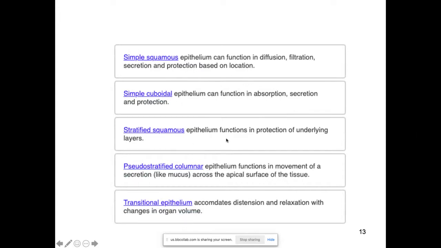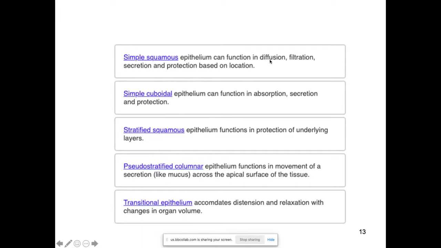So let's take a look. This showed up on a past exam in one of my older terms where you had to drag what's in blue. So if all you saw was epithelium can function in diffusion, filtration, secretion, and protection, that is simple squamous. So simple squamous is found where?